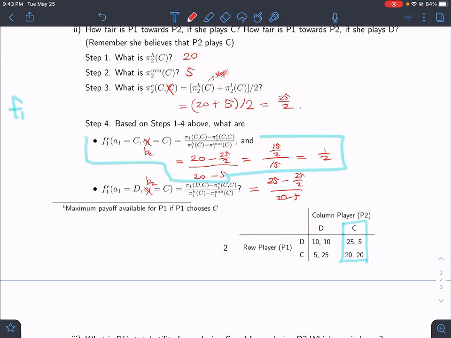For this one it is 25/2, 15, which is 5/2 divided by 3, which is 5 divided by 6. And you see that there's a way to speed up this process, because the terms here are the same as the terms here.